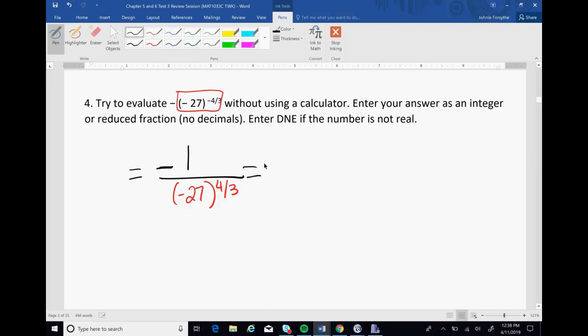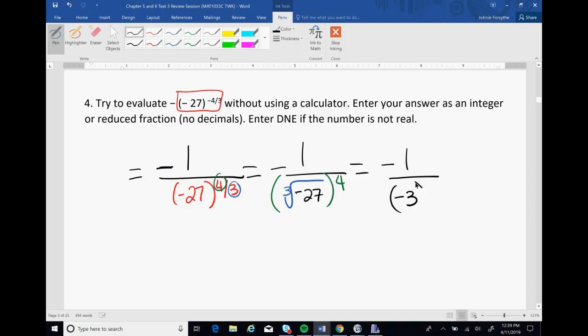Okay, so now we have negative 1 over the third root of negative 27 raised to the 4th power. We still have that negative 1 in the numerator. So the third root of negative 27, that's going to be negative 3, because negative 3 times negative 3 times negative 3 is negative 27.